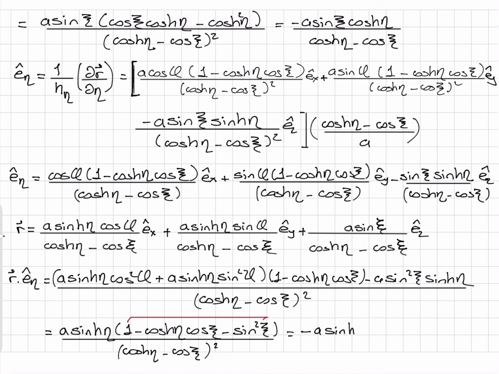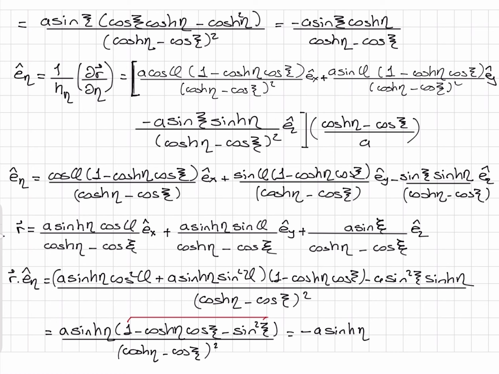Minus a sine hyperbolic eta cosine 1 minus sine square. 1 minus sine square becomes cosine square. Cosine square psi minus cosine hyperbolic eta cosine psi.